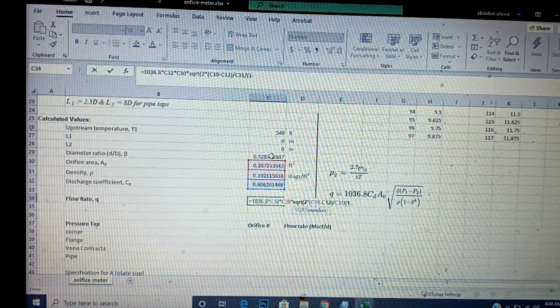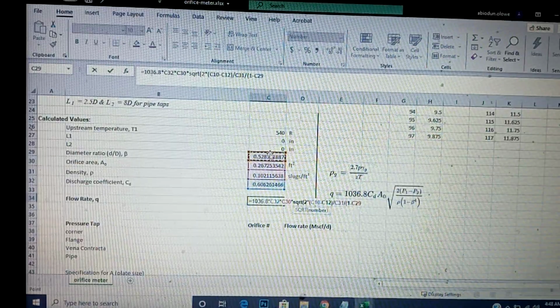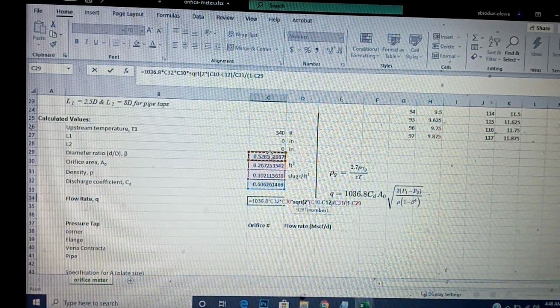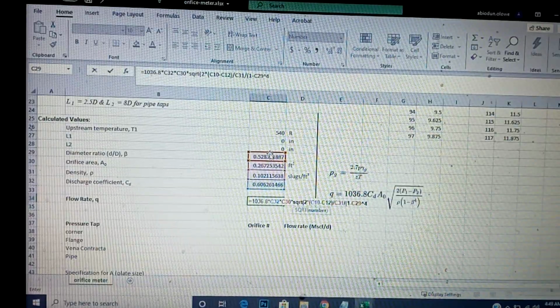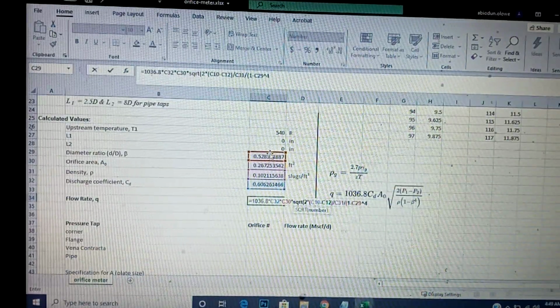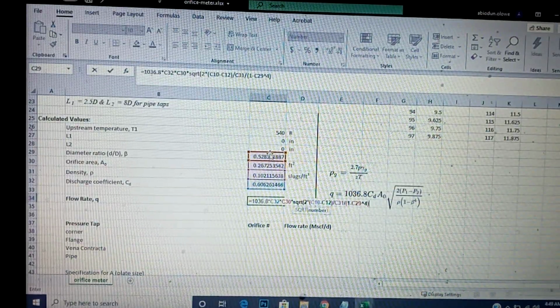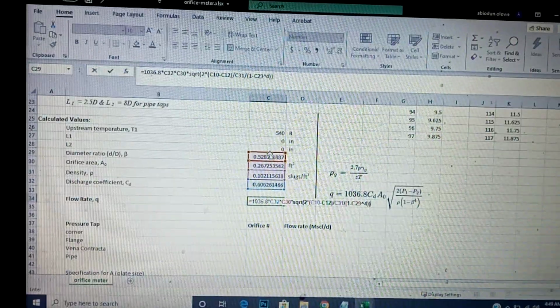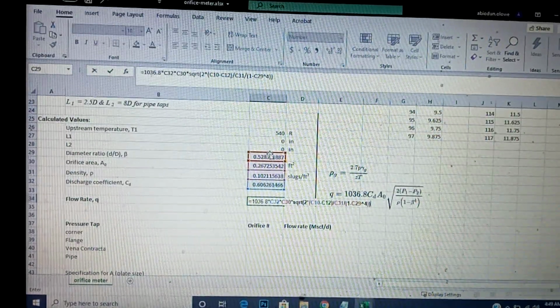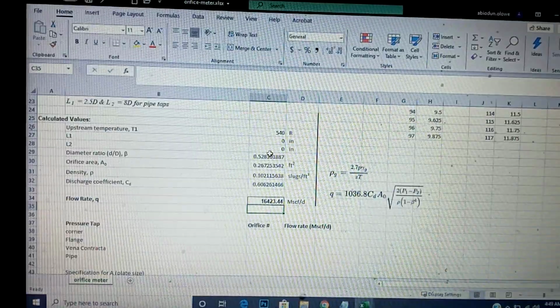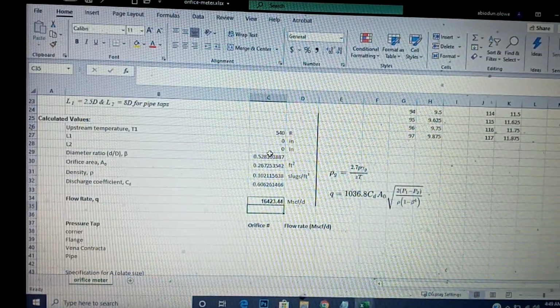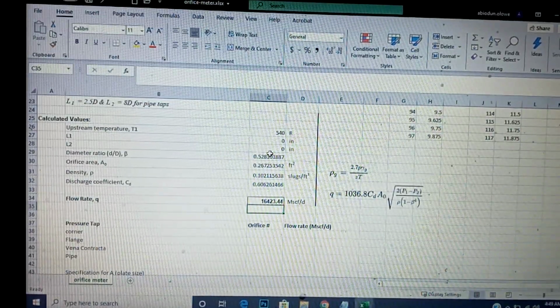Beta is my diameter ratio. I click on that. Shift 4. I close the bracket. Then I close the square root bracket. Must end with 2 brackets. Good. I'm done.